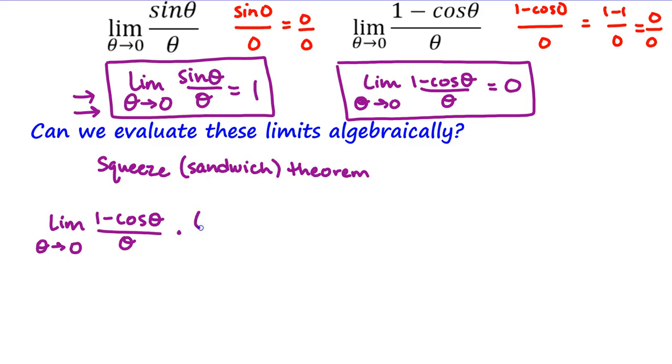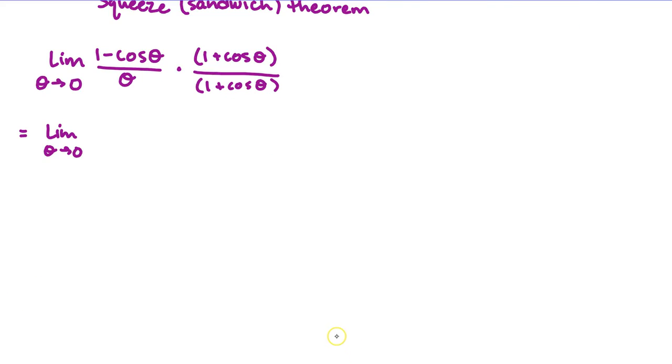The conjugate of the numerator would be 1 minus cosine theta. Oops, sorry, 1 plus cosine theta, 1 with a plus, 1 with a minus. Those are conjugates. And the reason I do this is because I know that when I multiply conjugates, I get a difference of squares. And I remember that there is a trig identity that has a cosine squared in it.